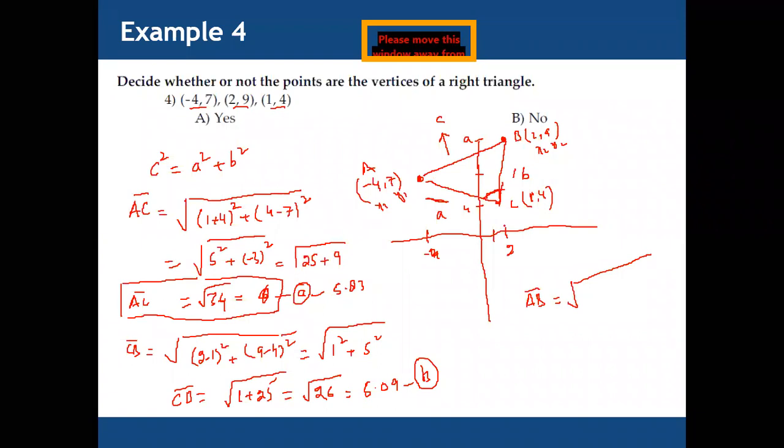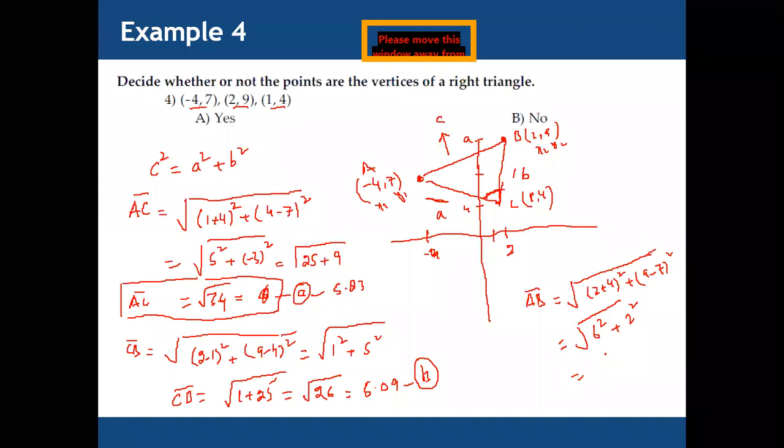So we have 2 minus 4, but this will be 2 plus 4, because one minus is from formula, second minus is from number, so become plus. Second, we have 9 minus 7 whole square. So 2 plus 4, 6 square. 9 minus 7 actually equal to 2 square.